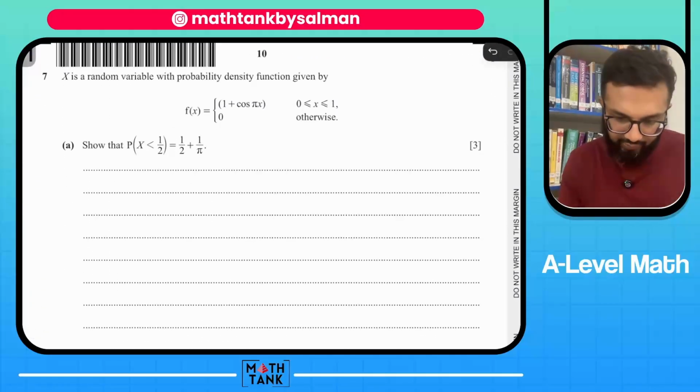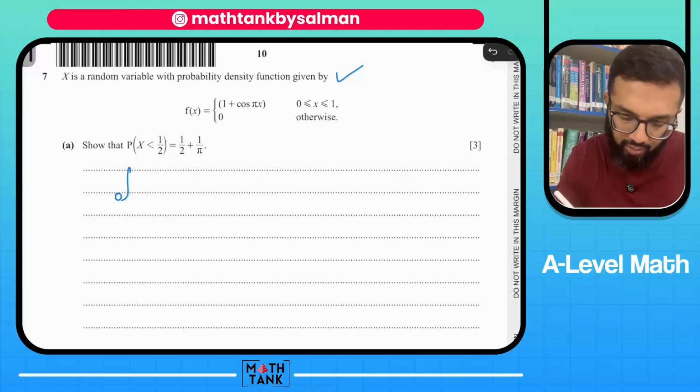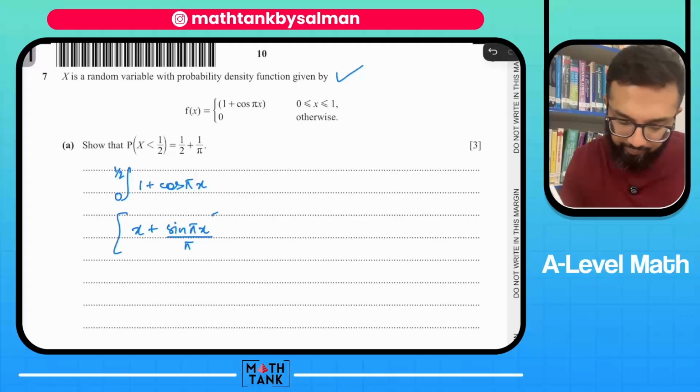The last question is: X is a random variable with the probability density function. So continuous random variable. Show that the probability of X less than half is half plus 1 over pi. So less than half is 0 to half. I need to have my calculator in radians. So this becomes X plus sine pi X over pi, from 0 to half.